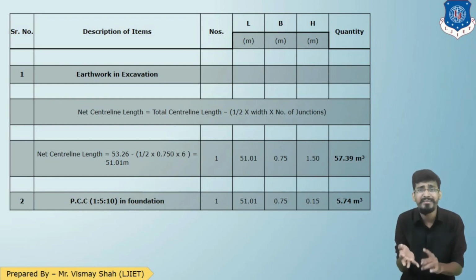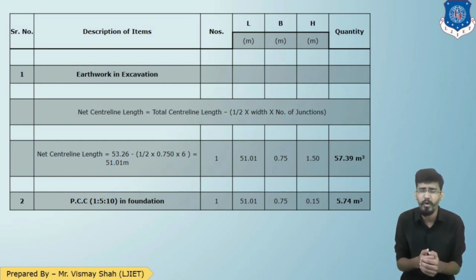So the length, width and number are going to be the same as excavation. The centerline length will be the same, 51.01, and the width of PCC will be the same, 0.75.